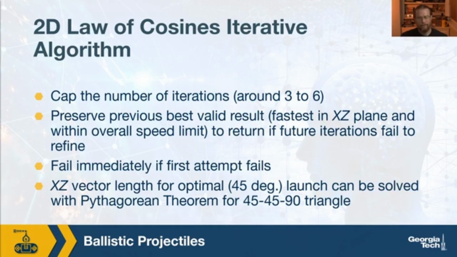You also can use the approach of preserving the last best valid result, but the best result now we have to define a bit differently. That's going to be which one was the fastest in the XZ plane without going over the speed limit. If we have any that have met that criteria, we only want to replace our estimate if we find one that's better. So we don't just want to add energy in the y direction for no reason, for instance.